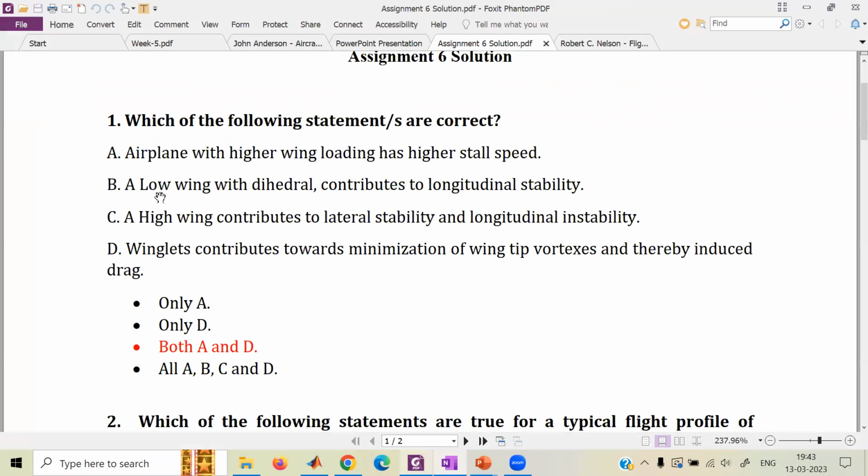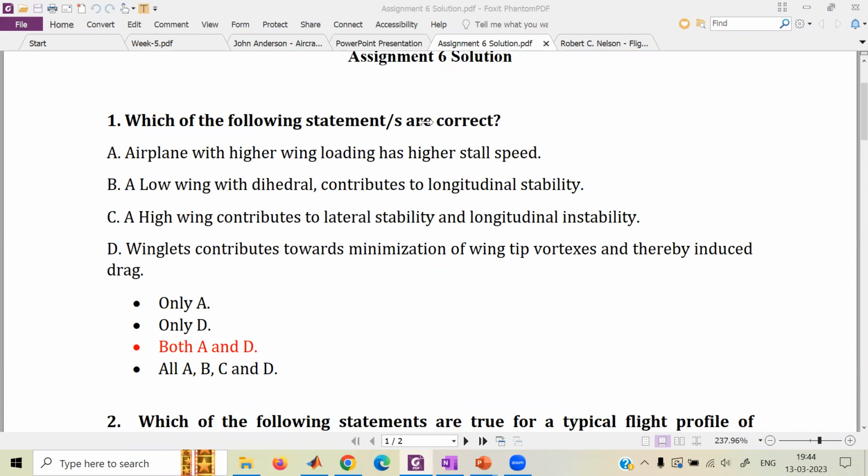B: a low wing dihedral contributes to longitudinal stability. It's not part of the answers, but can you explain to me? Does a low wing with dihedral contribute to longitudinal stability or some other stability, and how? Sir, it contributes to longitudinal stability plus lateral stability also. How does it contribute to longitudinal stability?